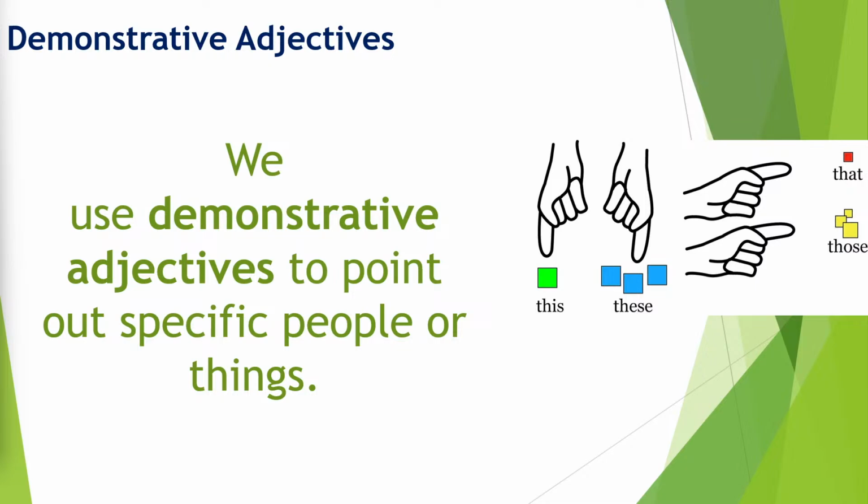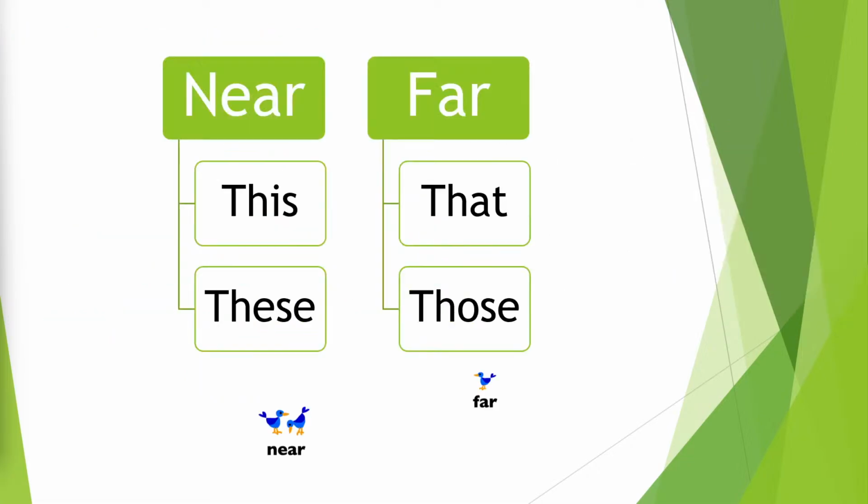Demonstrative adjectives again point out specific people or things. Here we have a little picture with the four demonstrative adjectives that we have today. Let's take a look.